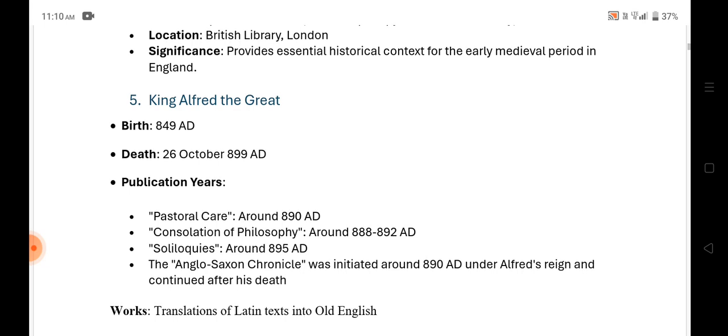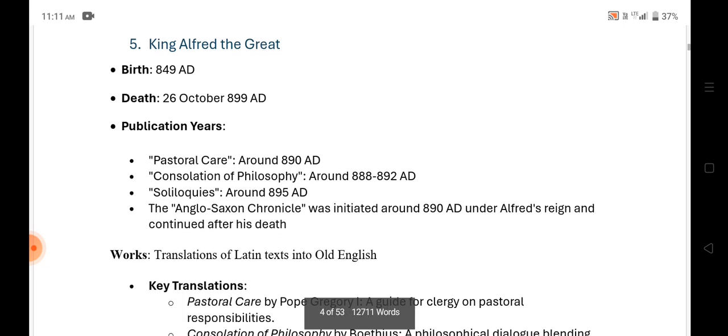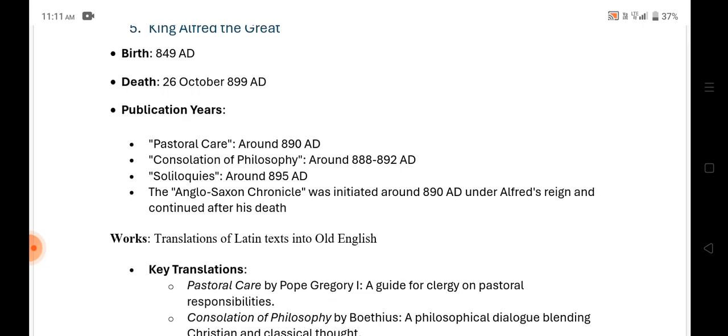Next writer is King Alfred the Great, born in 849 AD and died on 26 October 899 AD. Published Pastoral Care around 890 AD, Consolation of Philosophy around 882 to 892 AD, Soliloquies around 895 AD, and the Anglo-Saxon Chronicle was initiated around 890 under Alfred's reign and continued after his death.